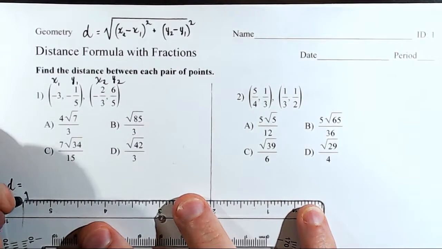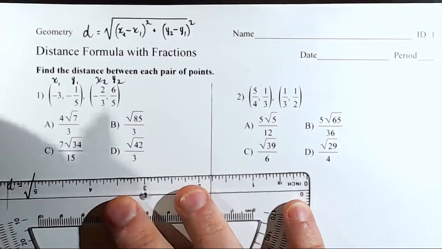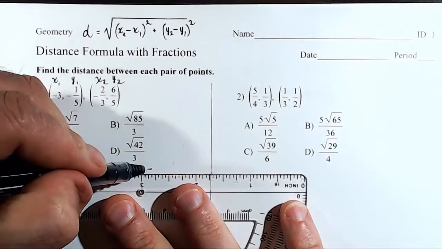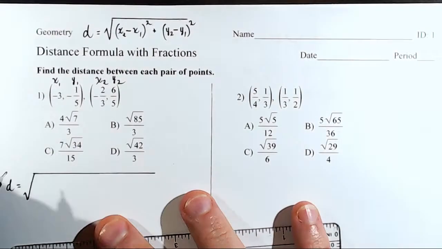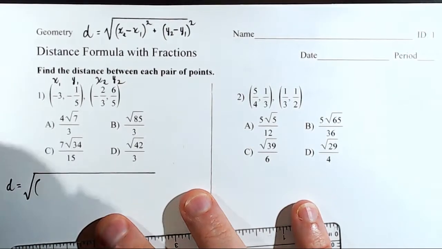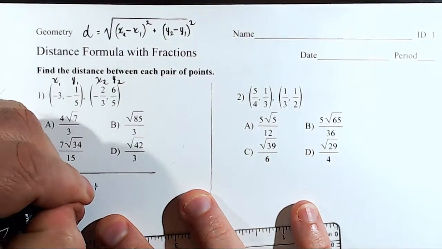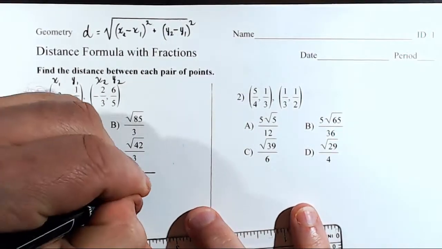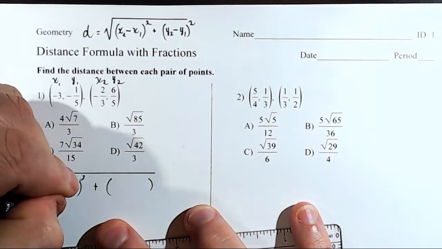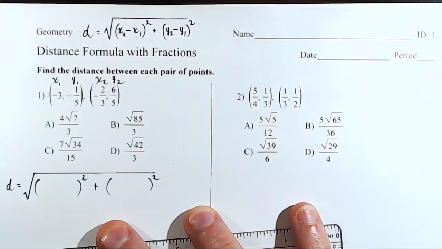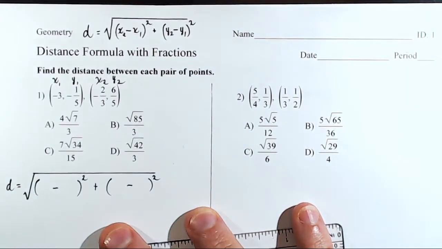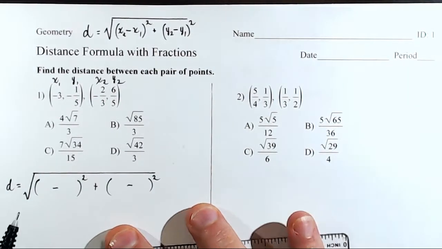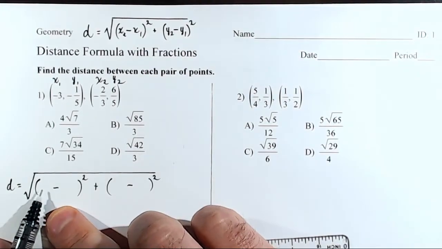We need a pretty big square root when we write these because it's the fractions. The square root of, and then we're going to build this template. You always want to start by building the template out so you don't forget anything. It's always going to look like this before you begin, and then you just fill in your information. This is where x2 goes.